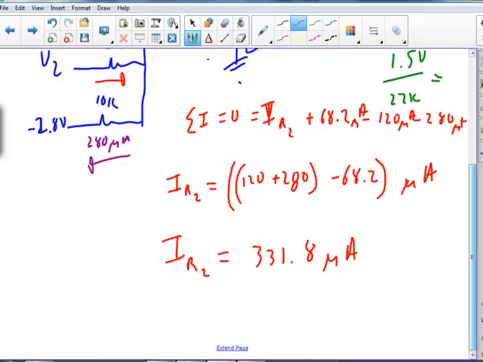Okay, so the voltage across 22K, V is equal to IR times the current.